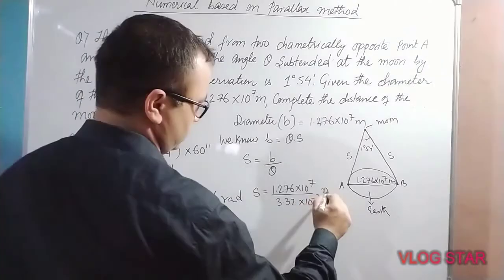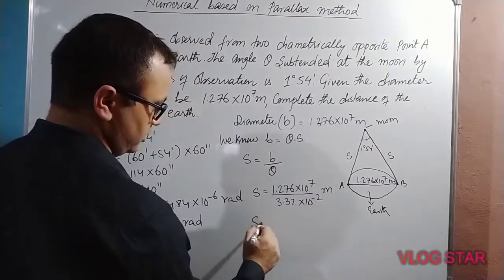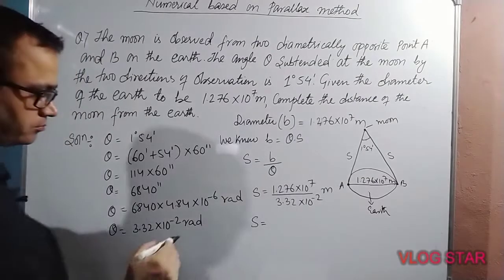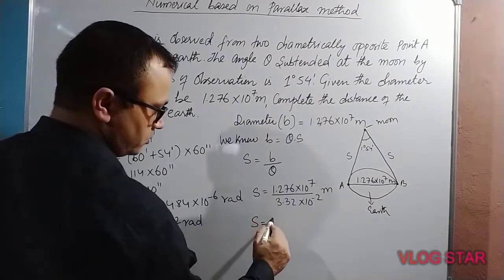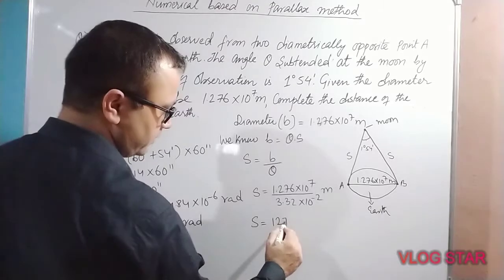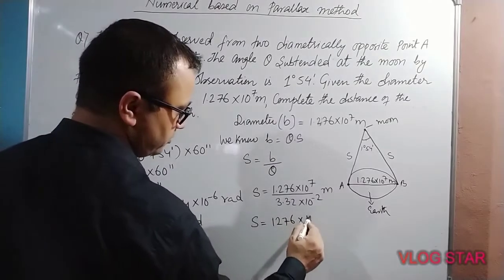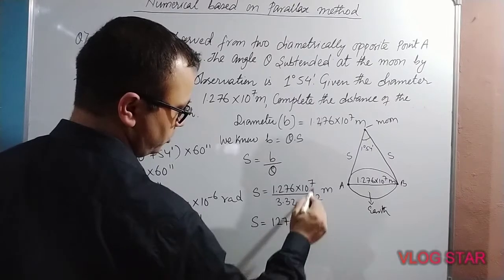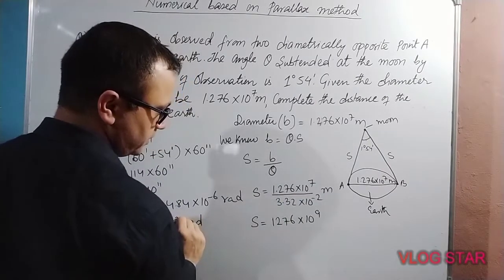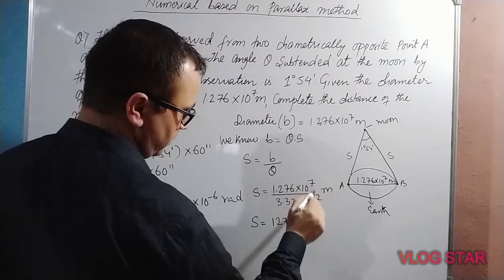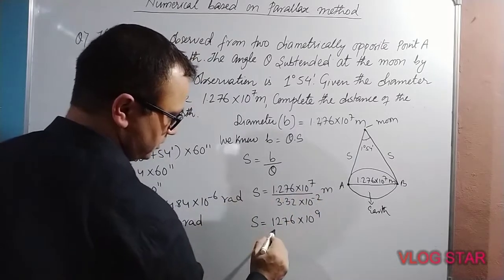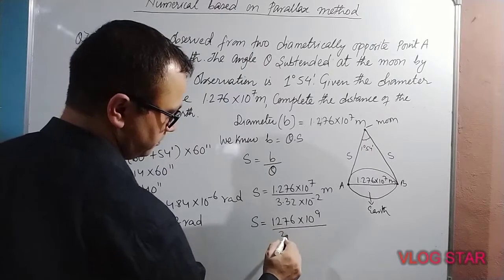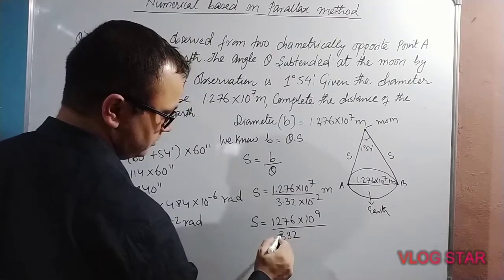Now it is in meter. s equals, now remove the point, 1276 into 10 to the power 9, because minus goes to the numerator and becomes positive. So 7 plus 2 is 9, divided by 332.